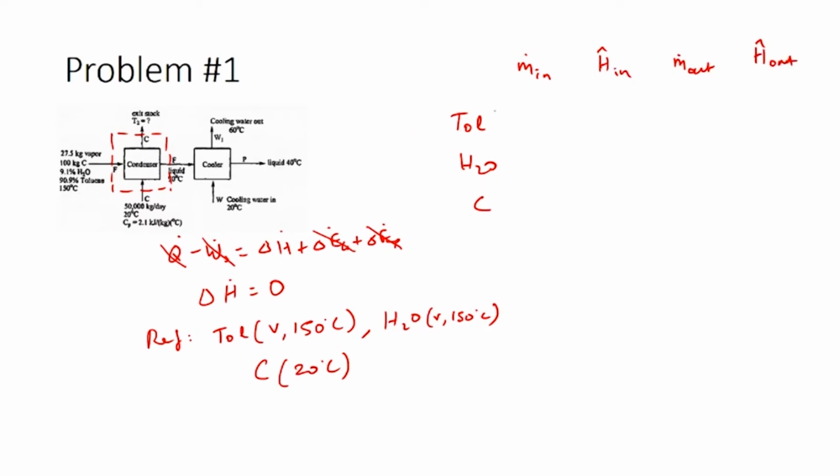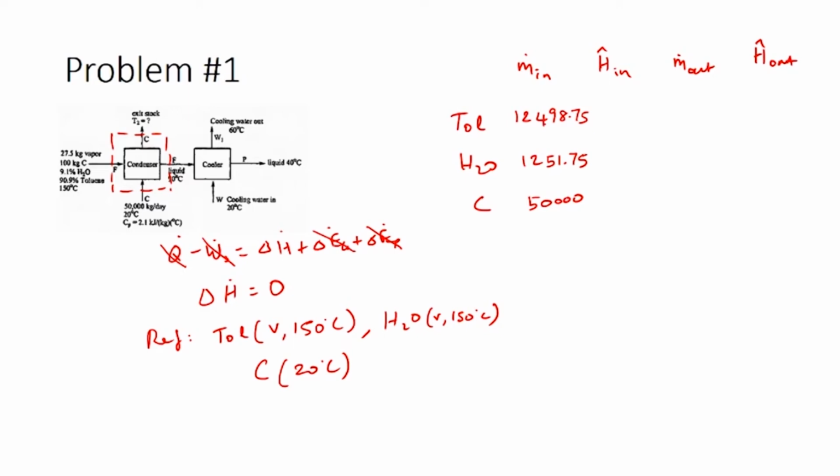And toluene coming in, we had calculated it to be 12,498.75, and water coming in we have calculated to be 1251.75. Coolant has been given as 50,000, and so whatever is coming in is also leaving the system.